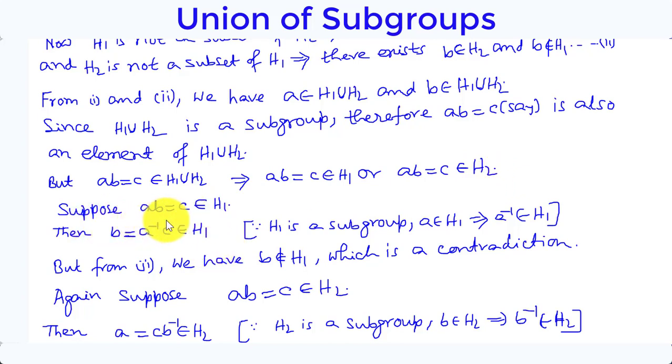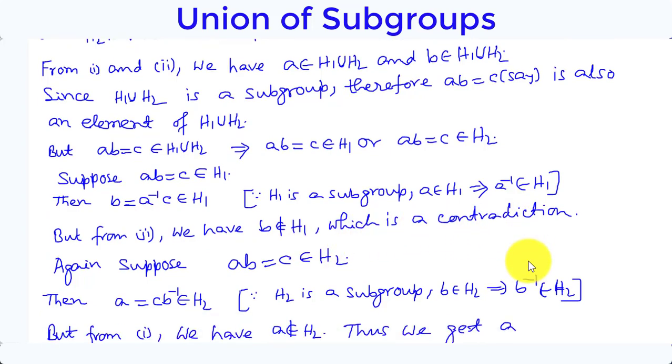Suppose that AB is equal to C belongs to H1, then B is equal to A inverse C belongs to H1, as H1 is a subgroup of G and A belongs to H1. This implies that A inverse belongs to H1. From equation 2, we have B does not belong to H1, which is a contradiction.